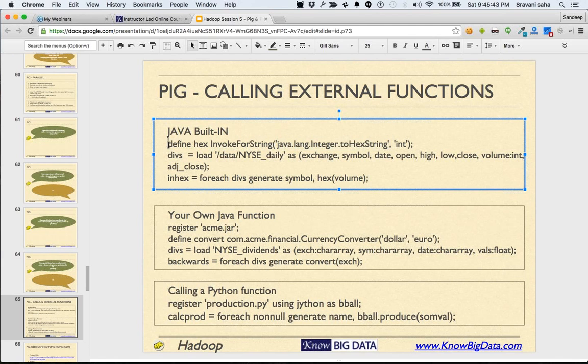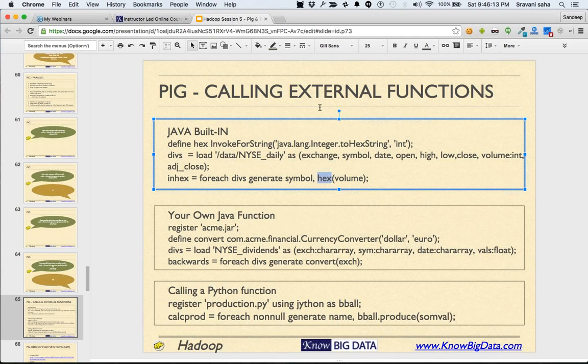So if there is a static function, you can define it like this, and then you can use hex here as if it's a built-in function. Converting an integer to a hexadecimal string is something which is not there in Pig, but if we want it, we can define this function here and use it.